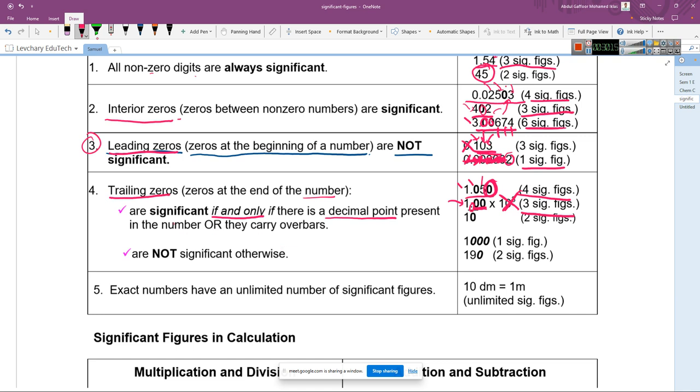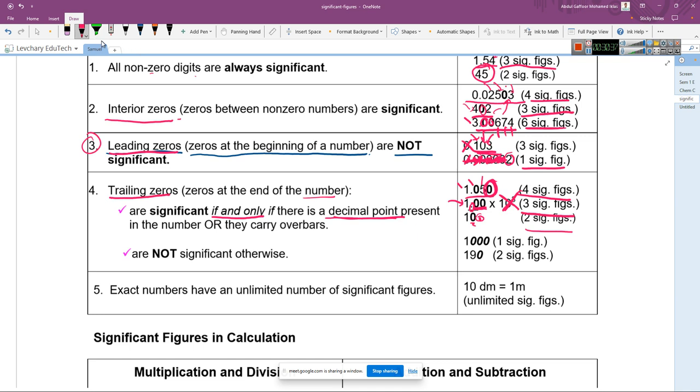Now here it should be 10.0. So if you have 10.0, we will have 2 significant figures. Why? Because the decimal point is present, so we count this zero as significant.